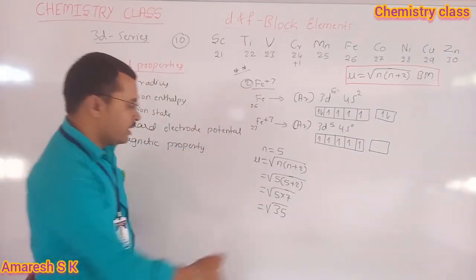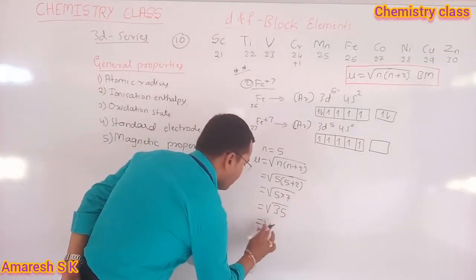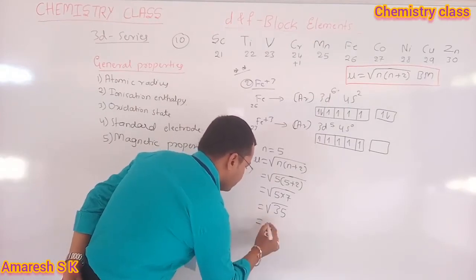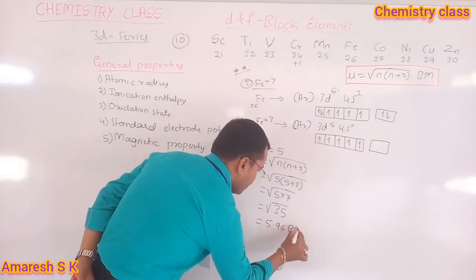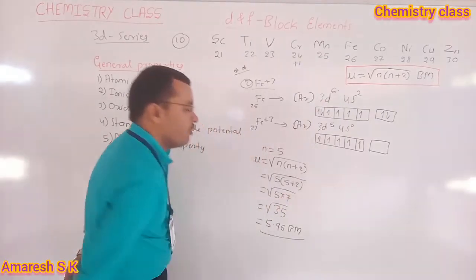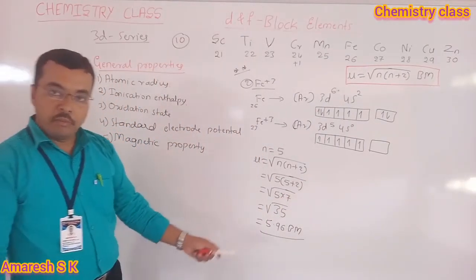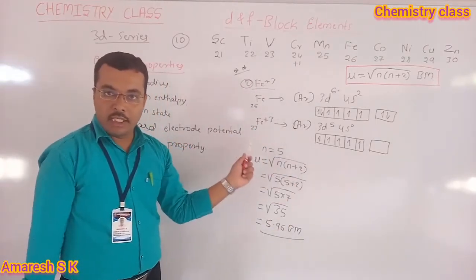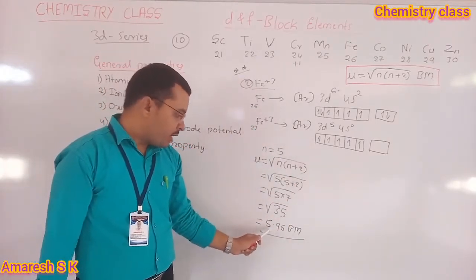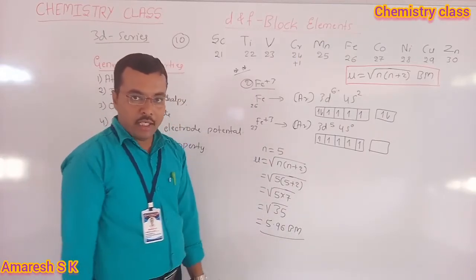Square root of 35 is equal to 5.96 Bohr magneton, the magnetic moment of the Fe plus 3 ion. Magnetic moment of Fe plus 3 ion is 5.96 Bohr magneton.